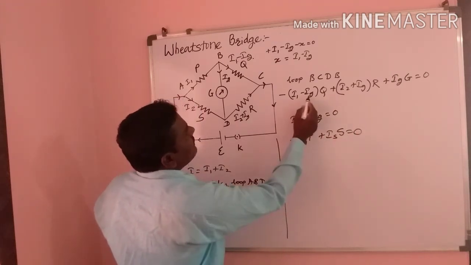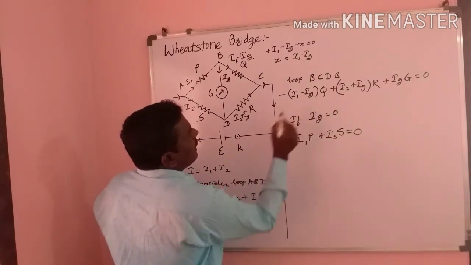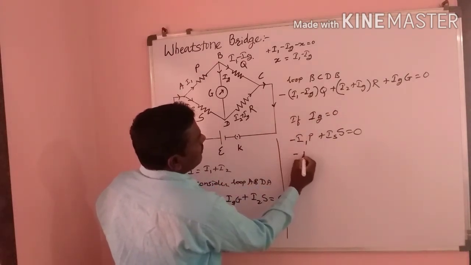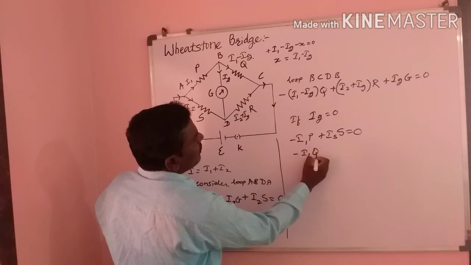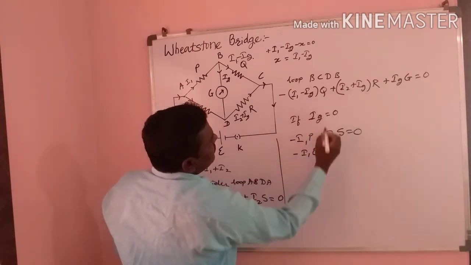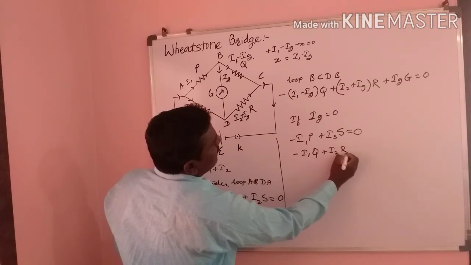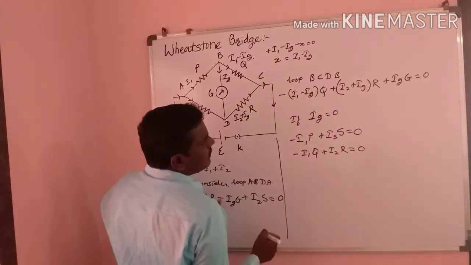Again here Ig is 0, so we write only minus I1Q plus I2R equal to 0.